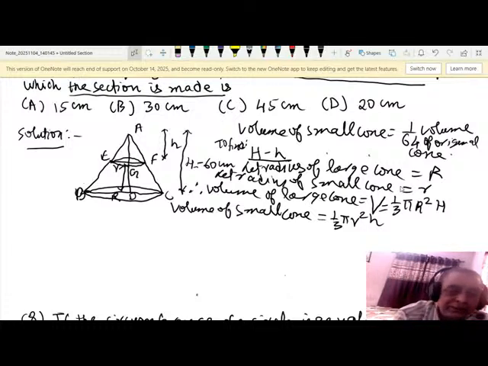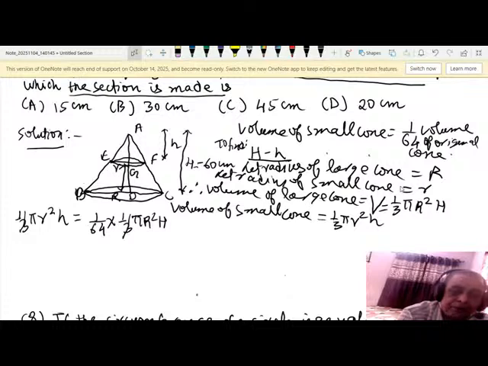Now in the question it is told to us that the volume of the small cone, which is 1/3 pi small r squared small h, is 1 upon 64 times the volume of the large cone. That is 1 upon 64 times 1/3 pi capital R squared capital H. You cancel 1/3 and pi from both sides.